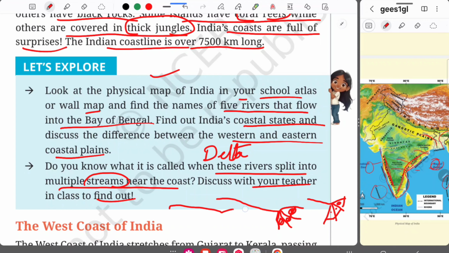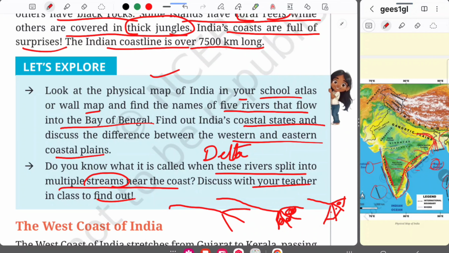A river is split into different streams before meeting the sea. Suppose the Ganga is flowing here, and when it is about to reach the Bay of Bengal, the river will not flow in one direction; it will flow in different directions, creating a delta. This landform is known as the delta.